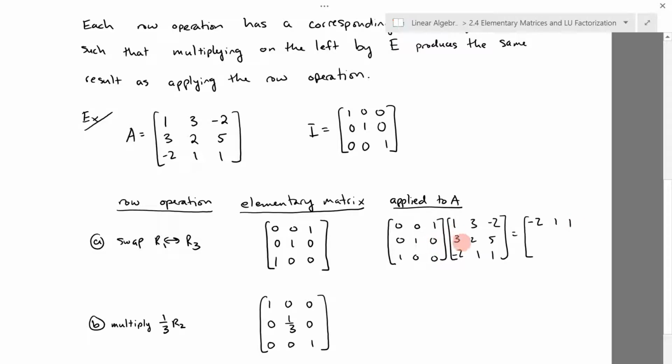The second row times this matrix will pick out the second row, and then the third row times this matrix will pick out the first row. And you can see that the result of this matrix multiplication is the same as if I applied this operation to the matrix A. Swapping the first and the third row is exactly this thing.